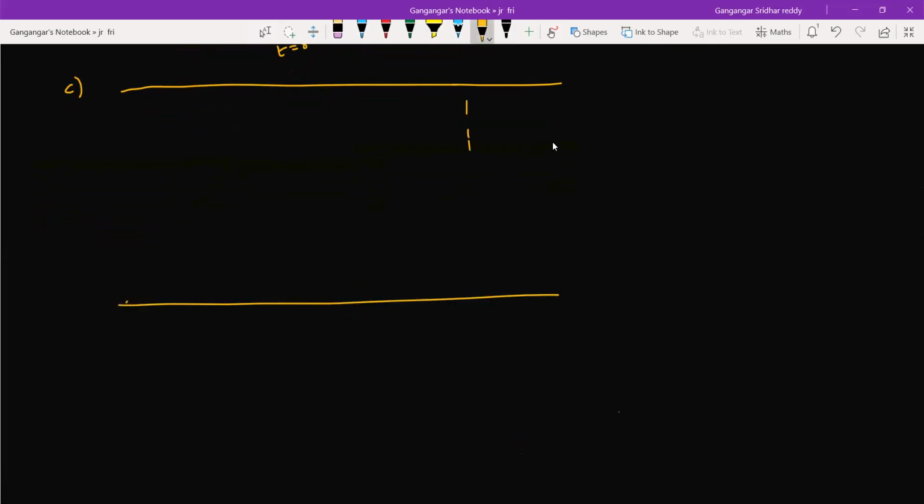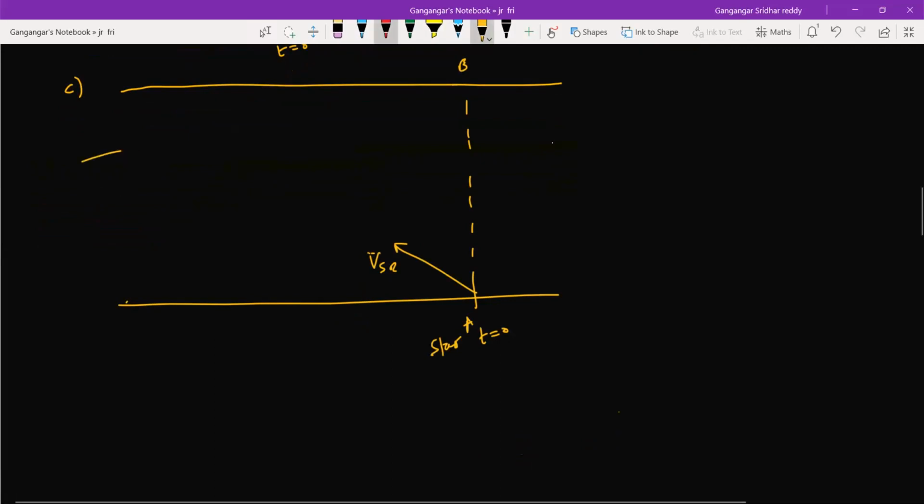Okay, now in this case, we will start at t equals 0. This is the starting point. This will be VSR. There's a river current.